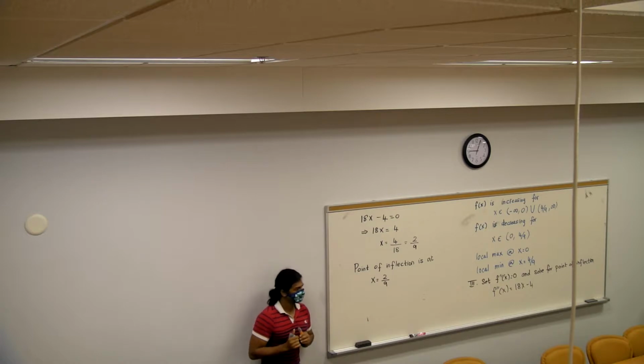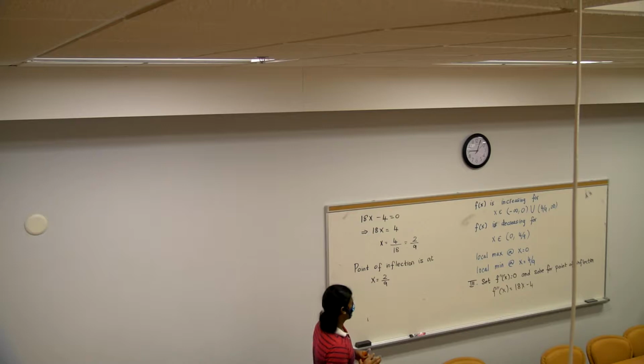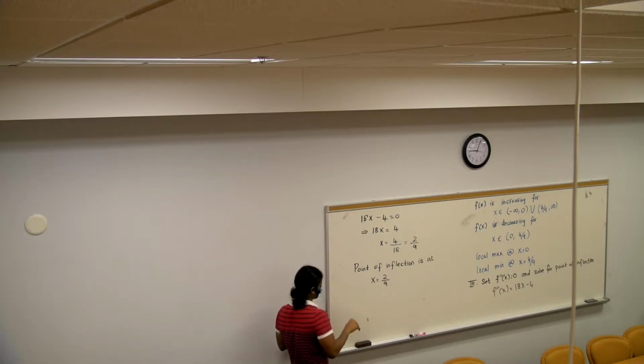Will the point of inflection be the exact middle every time? Usually with algebraic functions it'll work that way, but we can't take it for granted. It won't work that way always.